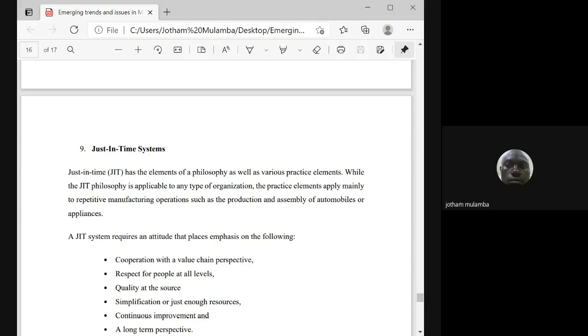Or there is theft, stealing by servants. An employee can go to those stores and get out some materials for personal use. So in that case, we will have lost out. Now, when we apply just-in-time, it means we have to get a supplier who is very reliable, so that if today we require 10 foolscaps, he can deliver those 10 foolscaps.